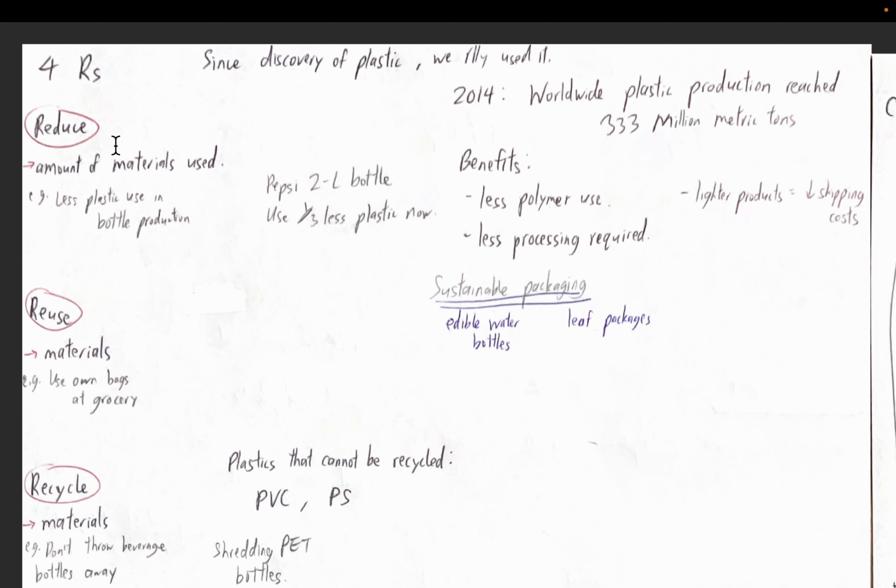So, okay, let's move to the 4 R's now. Let's start with reduce. Basically, reduce the amount of materials used. For example, you use less plastic in the production of bottles. I know that recently, Summit, by the way, is a drinking water brand in the Philippines. It's very popular.